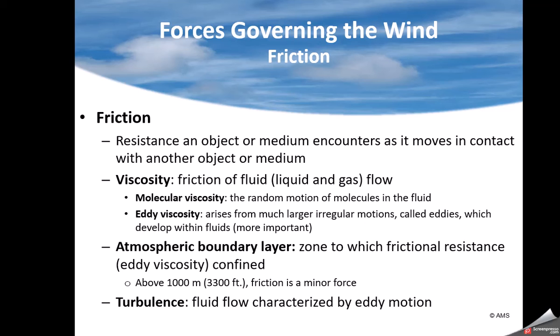That eddy motion, that turbulence, is extremely hard to define. But if you pour a little bit of cream into a cup of coffee or something hot, that cream goes in all different directions. That's turbulence. That's how it actually works in the atmosphere as well. So that is a part of friction. All of this, viscosity and turbulence, is friction.